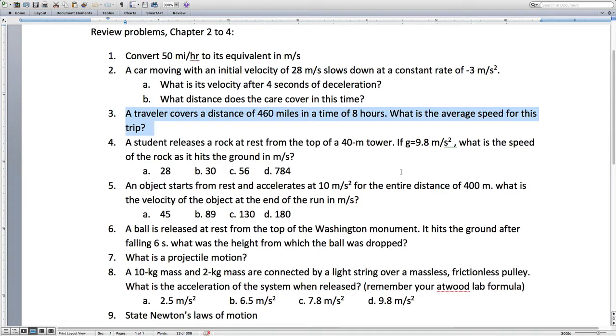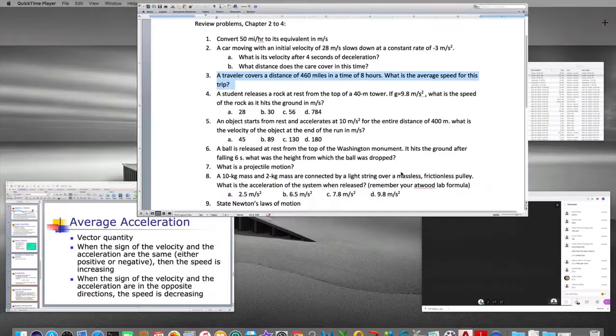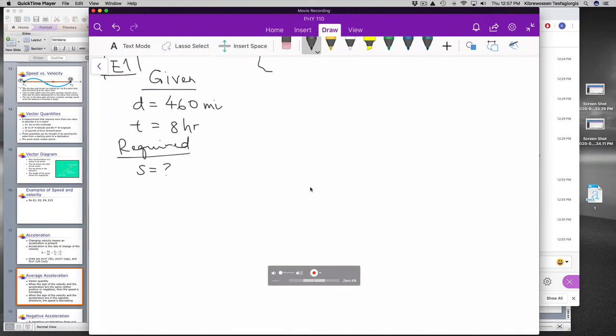We usually write miles as mi. In how much time? Time is 8 hours. Then what are you required to find? What you are required in this problem is the average speed. How much is the average speed for this trip?